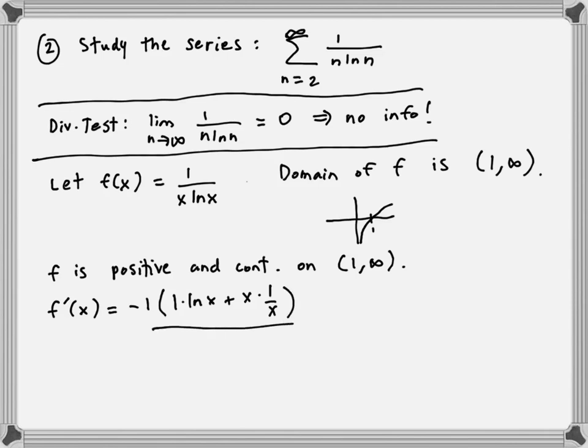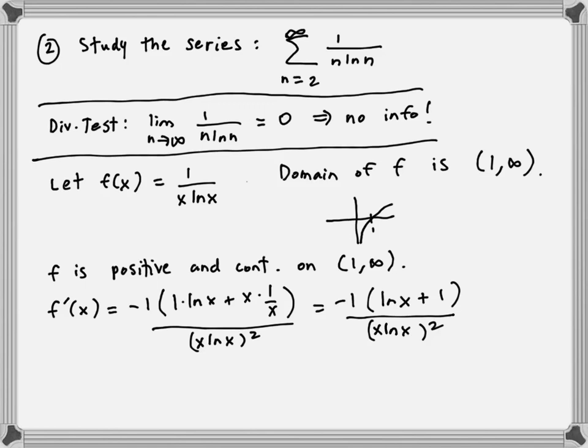And that's going to be all over the bottom squared. So this is equal to negative 1 times ln of x plus 1 all over x ln x squared. Okay?